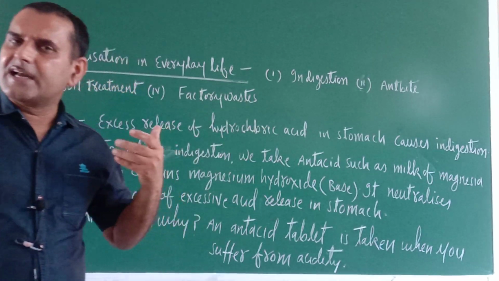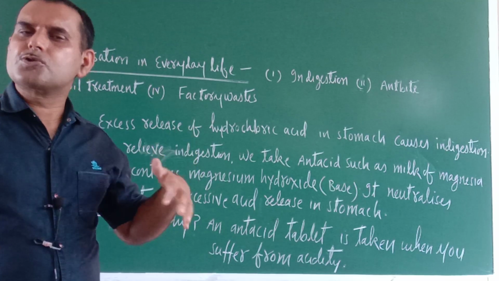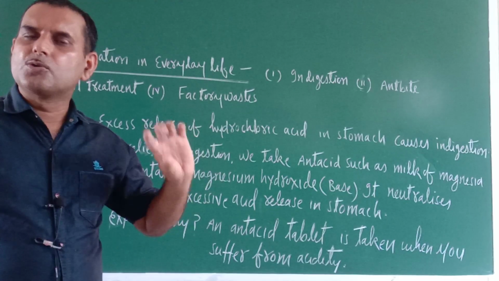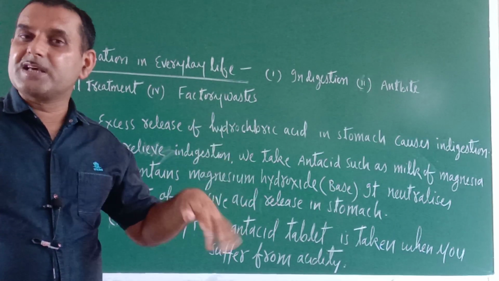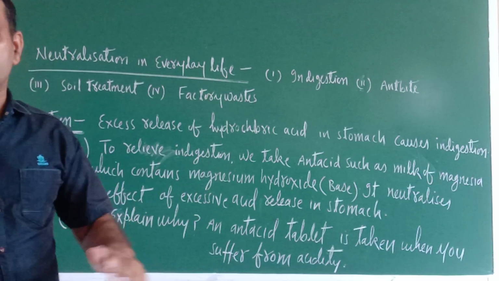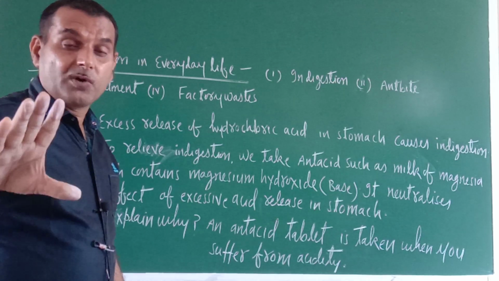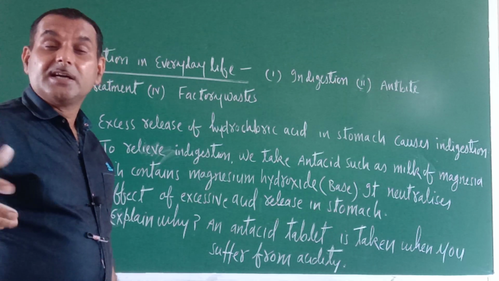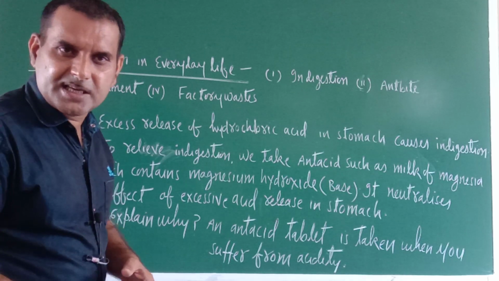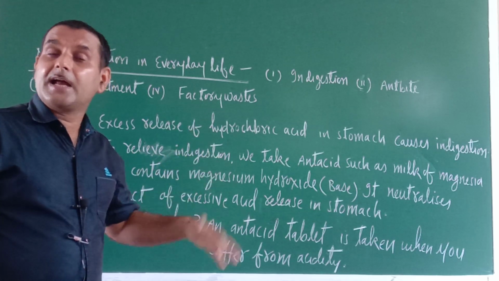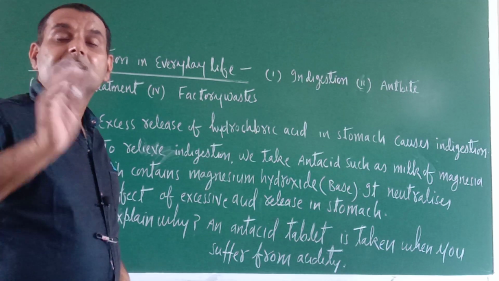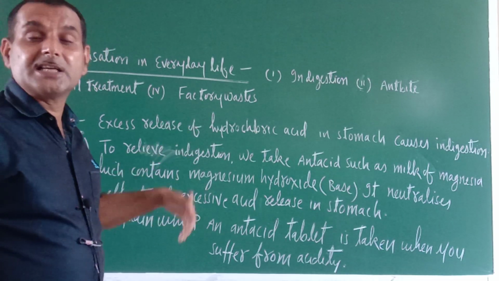This excessive acid release is very, very painful. Stomach pain is there, and a burning sensation in this area. So to relieve pain and burning sensation, we take antacid tablets, and they contain a base which neutralizes the excessive acid released in the stomach.